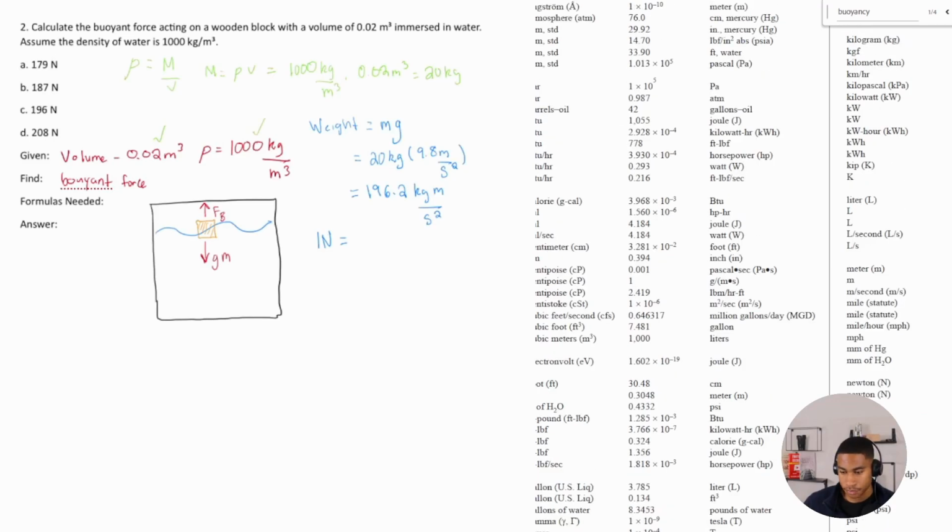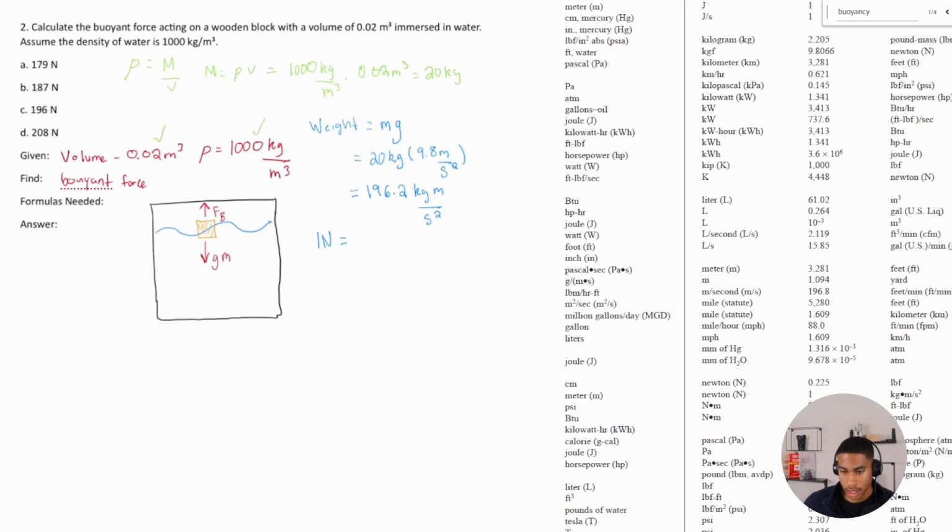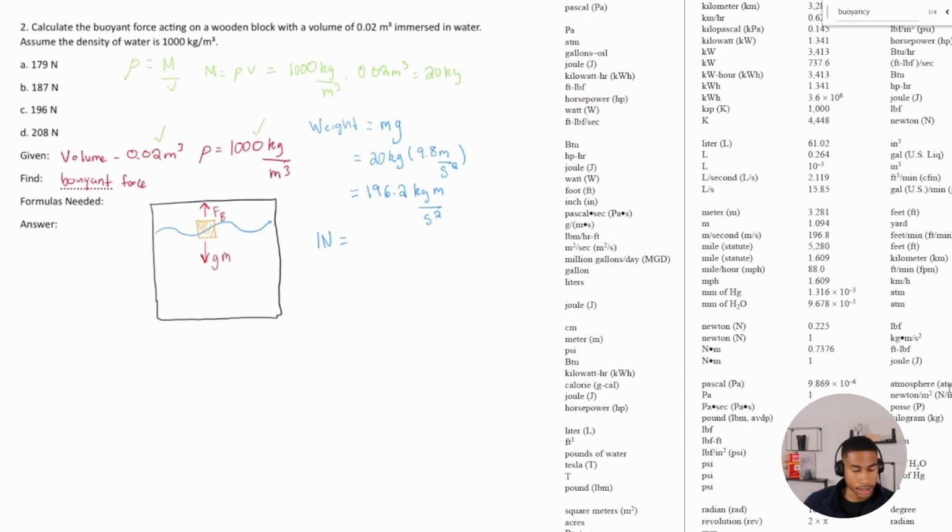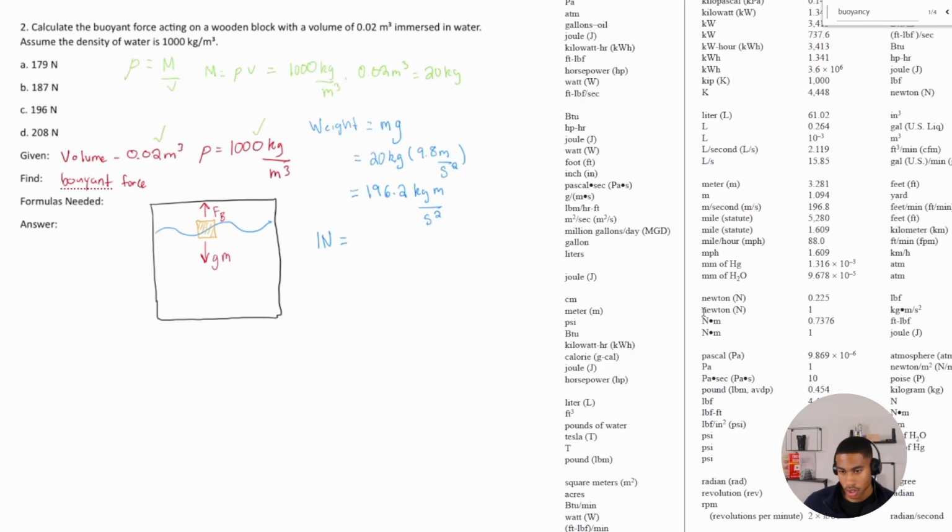And from what I'm seeing, 1 Newton is equal to 1 kg times m over s squared.